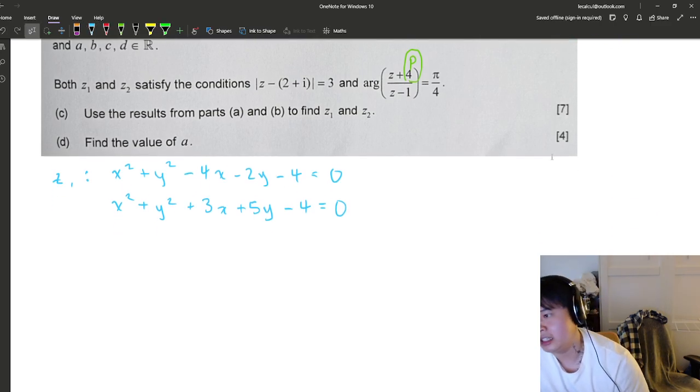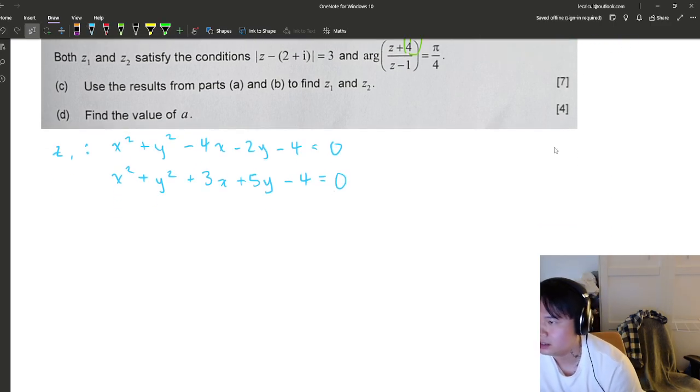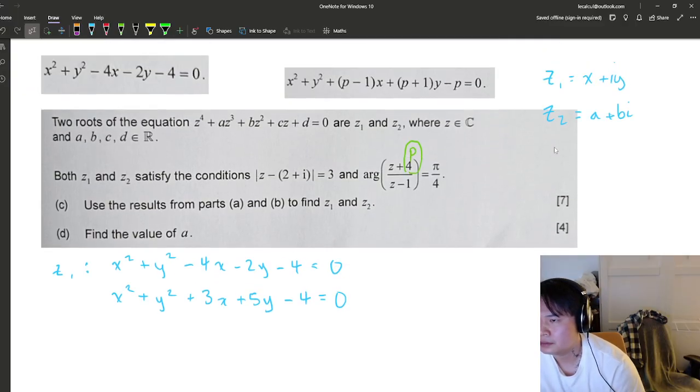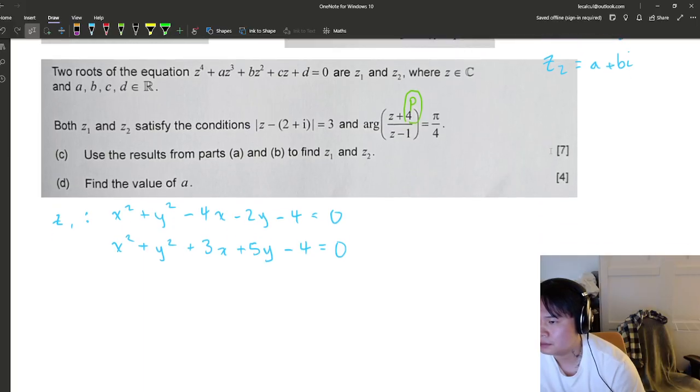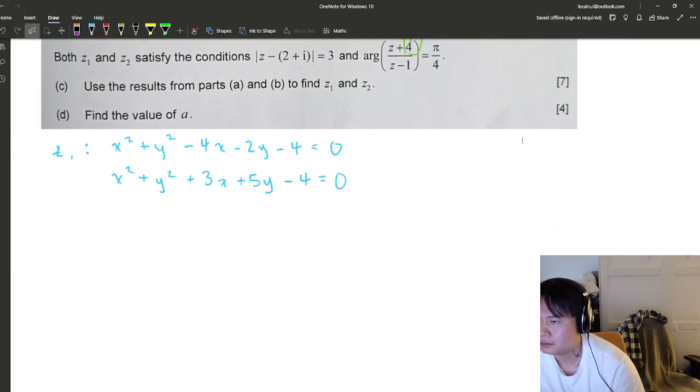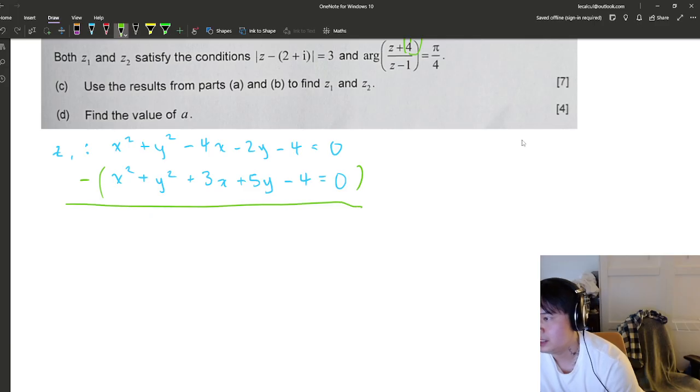Okay, can we solve for x and y? X is a multiple of y? Okay, well, I'm just going to subtract these equations and see what we get.